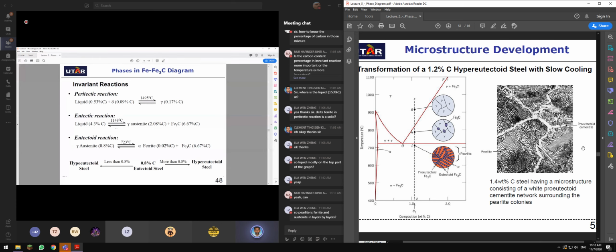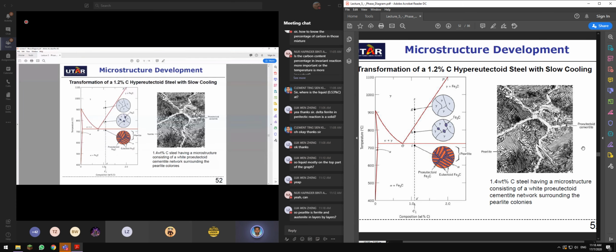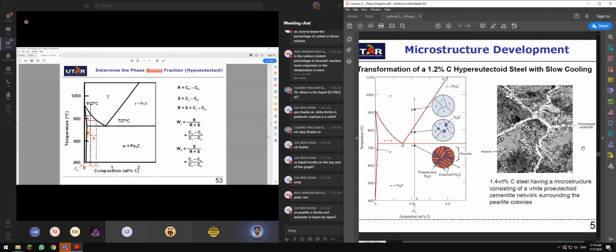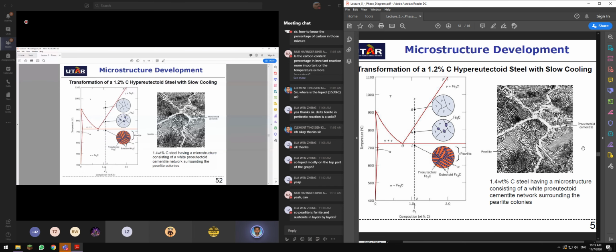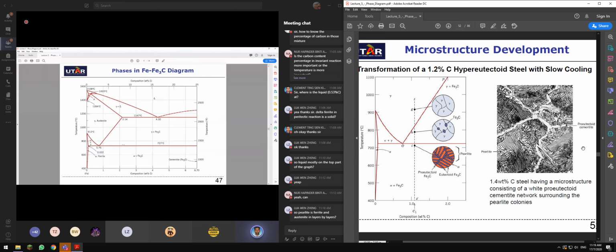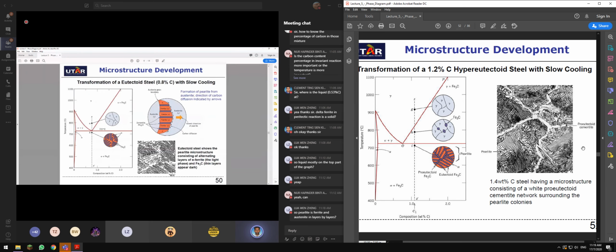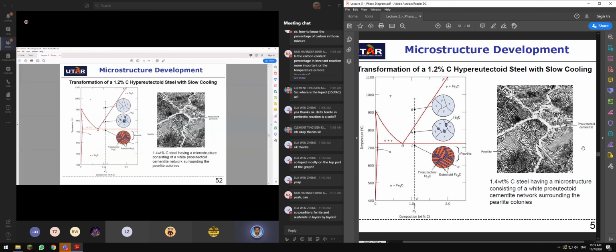So automatically, you should know that there's a formation of cementite. See, cementite is being formed. Ferrite hasn't formed yet, and when you cool down further beyond the temperature of 727, you will have a formation of ferrite.